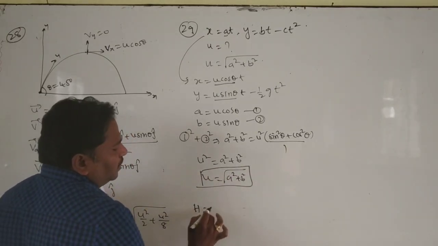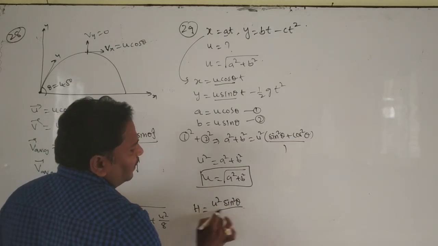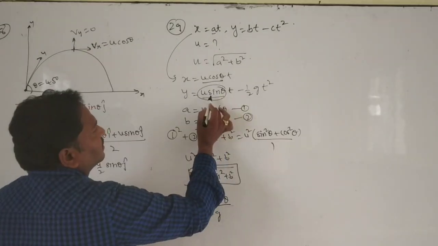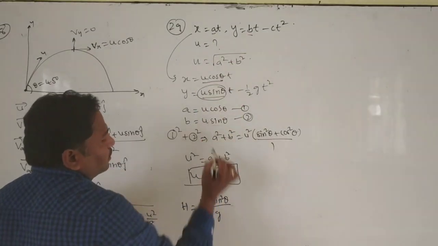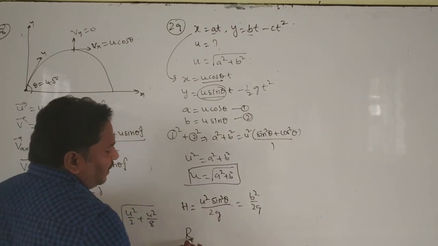So maximum height equals u square sin square theta by 2g, and replacing, it's b square by 2g. Now what is the range formula?